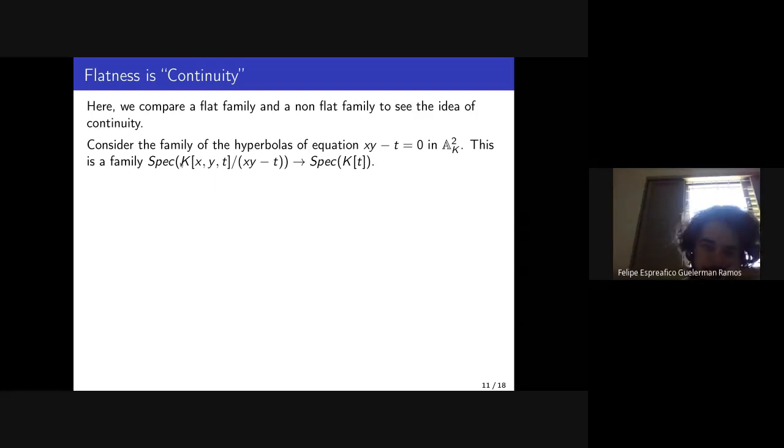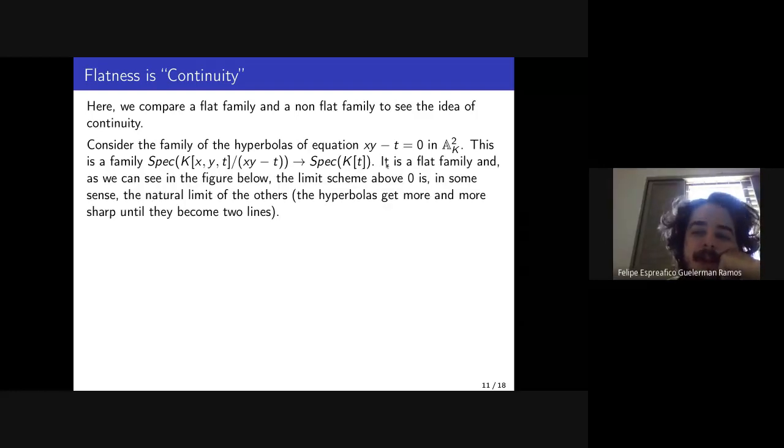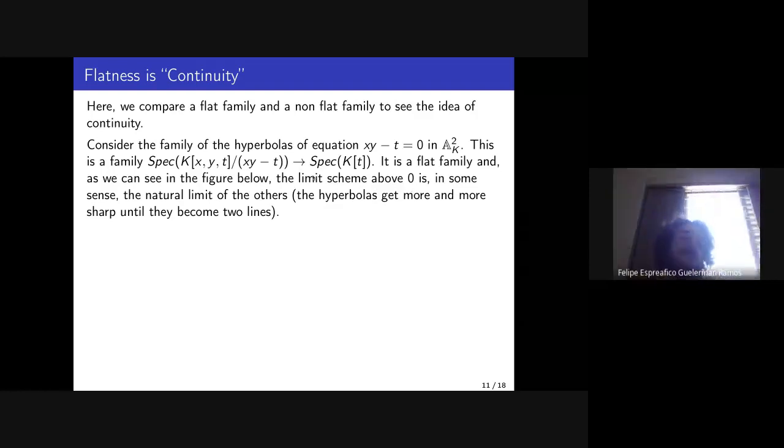This is a family if we consider, of course, the Spec of k[x,y,t]/(xy minus t), and it is a family over Spec of k[t]. This is flat, and you could compute the modules and see that it's flat.